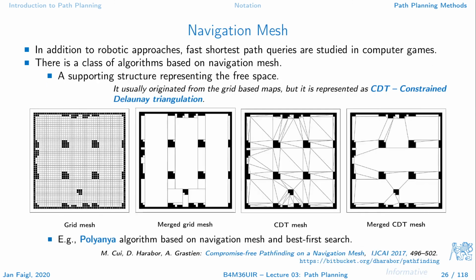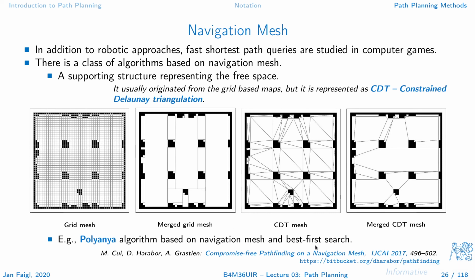The concept of underlying decomposition with searching on top of that is also used in the Polyanya algorithm that uses a navigation mesh. You can start with the grid mesh, and we can merge the grid and create the constrained Delaunay triangulation, and then we can merge it, which gives sort of these convex cells, and the idea is pretty much the same.